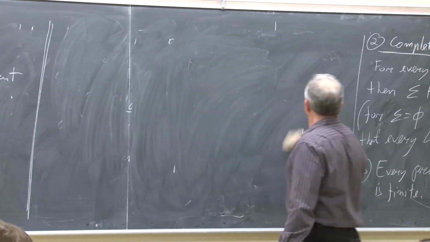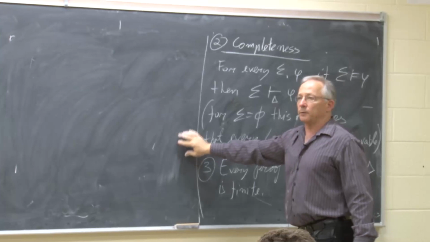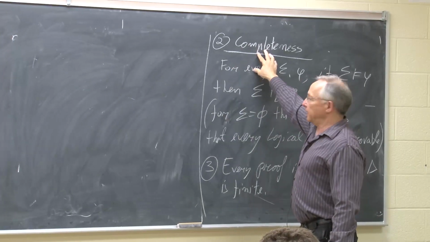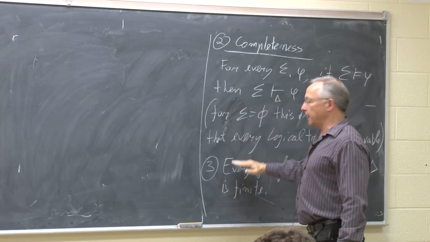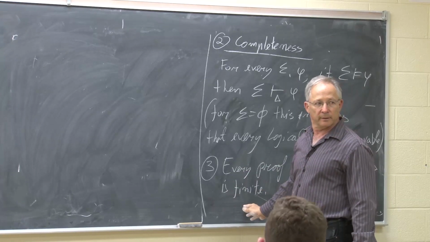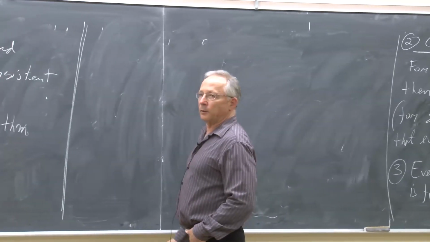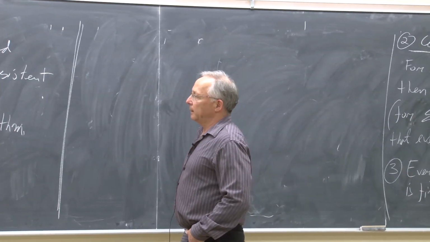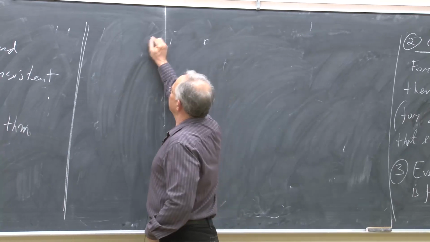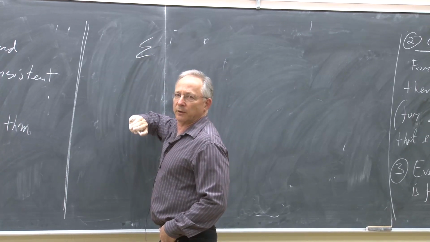Note that so far we only used the first two requirements from our proof system, which were soundness and completeness. I didn't make any use yet of the requirement that every proof is finite. But now what I can do is have this table.